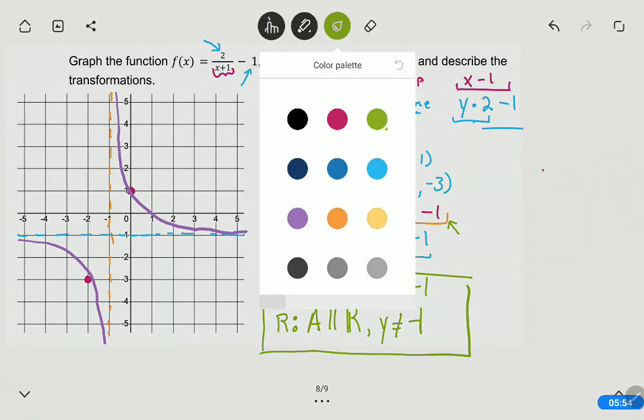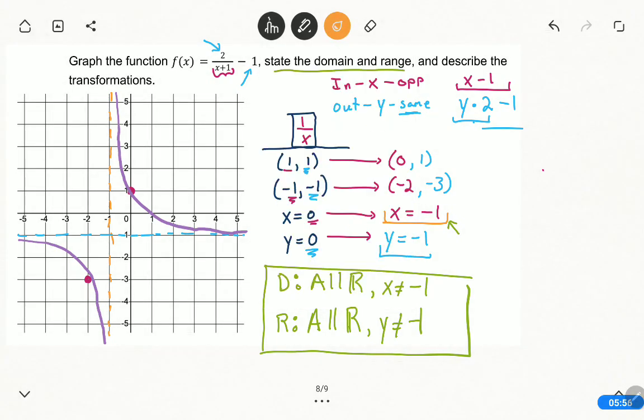Now we have one more piece that we're supposed to do. We're supposed to also describe the transformations. So what we're going to do when we describe the transformations is take our rules here and use them to help us describe them. Well, addition, subtraction, I know creates a translation, so I know this graph is being translated.